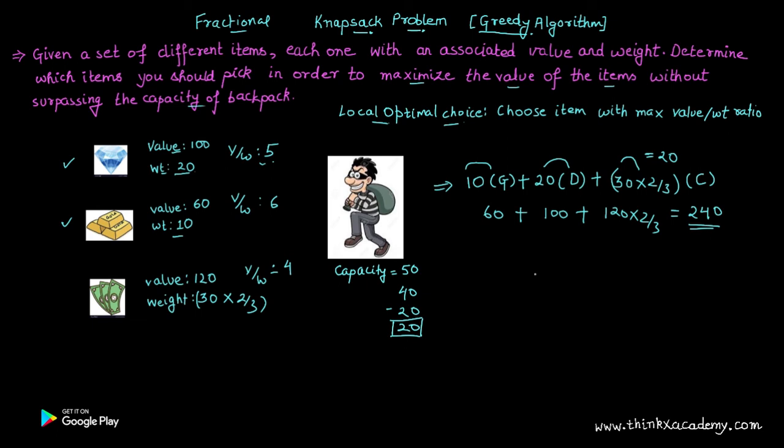In the next tutorial we are going to study Dijkstra's shortest path algorithm, and we are going to use the greedy algorithm to find the shortest path from a given node to another node, and we will use the local optimal choice. We will see what the local optimal choice is, and then we will solve this problem. So thanks for watching.